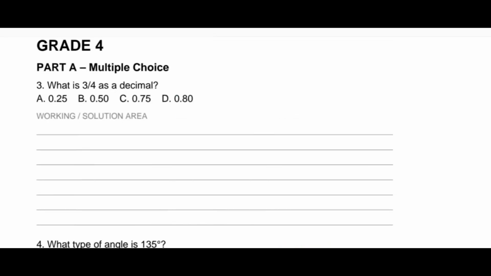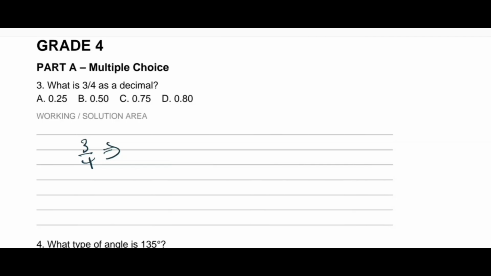Question 3. What is 3 over 4 as a decimal? So what they are asking us to do is to convert this fraction, 3 divided by 4, into a decimal.